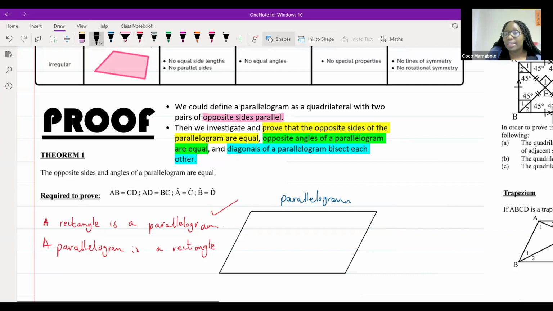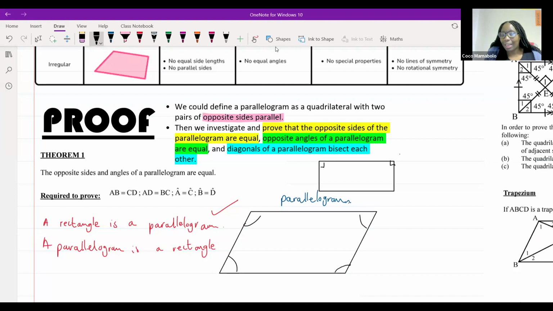And the reason why is because what is the defining quality of a rectangle? What do we know about the angle at a corner of a rectangle? 90 degrees. Absolutely. The angle must be 90 degrees, whereas in a parallelogram, they don't have to be 90 degrees.